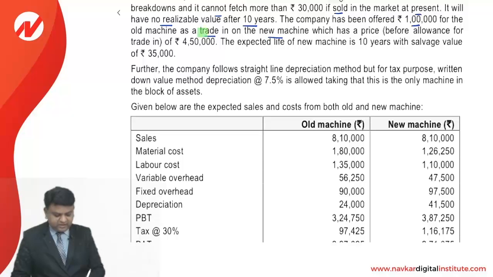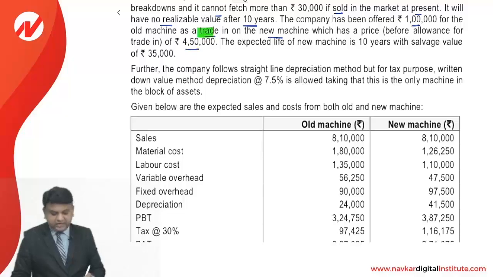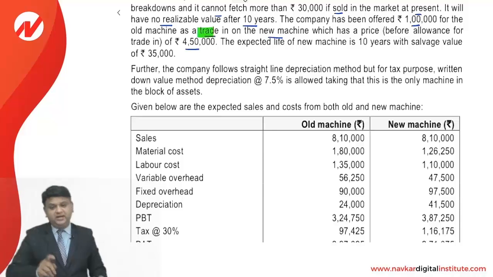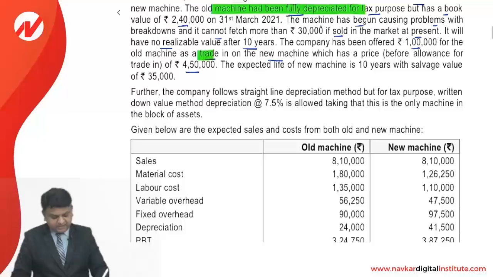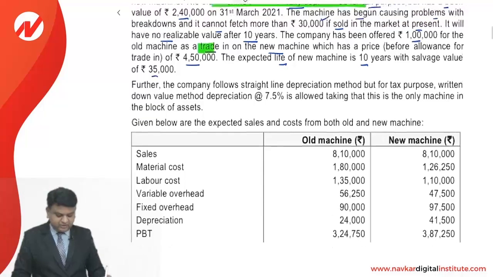Trade-in means a kind of exchange value of 1 lakh rupees, with a price before allowance of the trade-in of 4,50,000. So the company selling the new machinery is ready to take the existing machinery for rupees 1 lakh, even though it has a market value of only 30,000. Life of the new machinery is 10 years with a salvage value of 35,000.